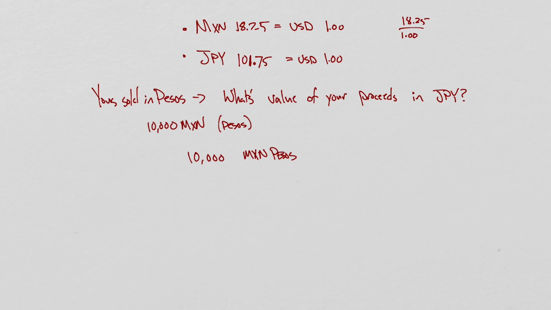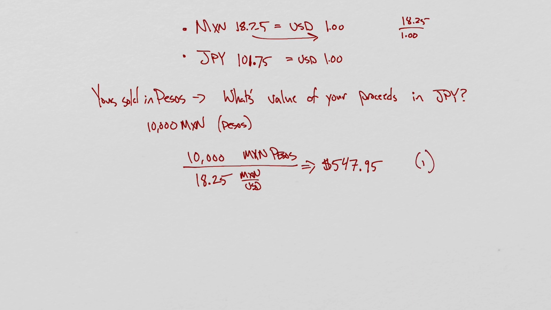And then we can go from there. So if I'm going to go from pesos to dollars, that number needs to be smaller. I divide it by 18.25 MXN per USD. And that gives me $547.95. Cheap machine. Okay, but this is like step 1 in our 2-step problem.